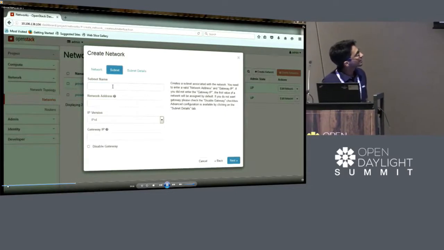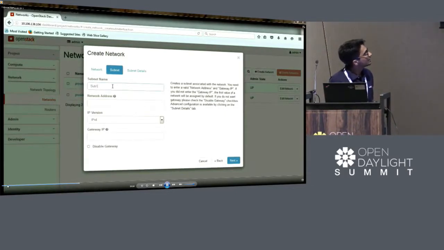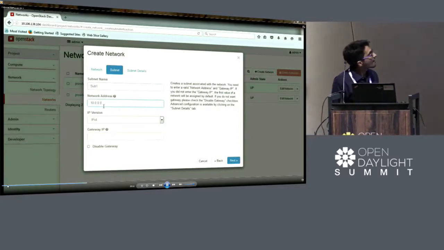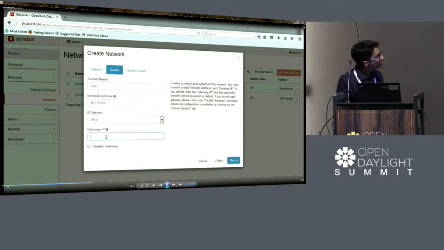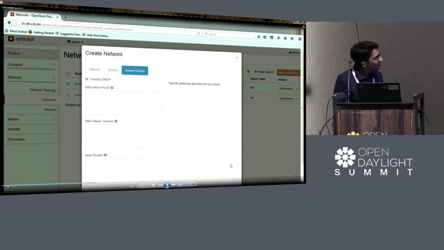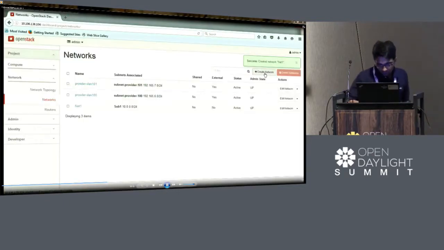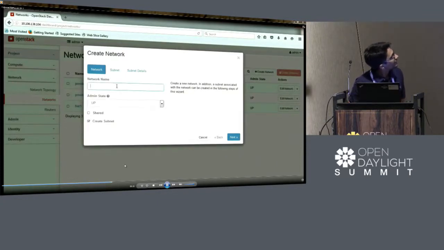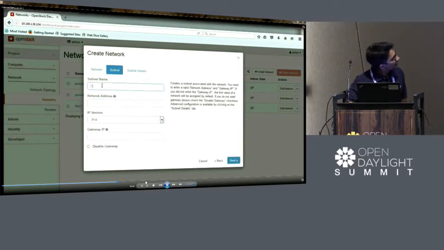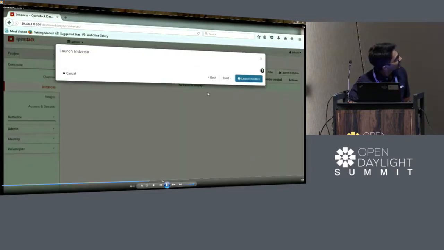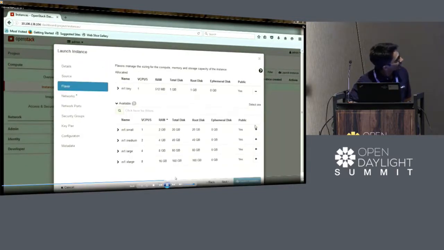So creating network subnets for internal networks. I think we are creating instances in both the networks and we are associating floating IP.